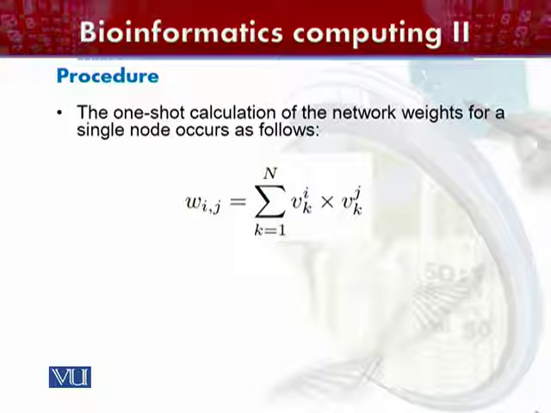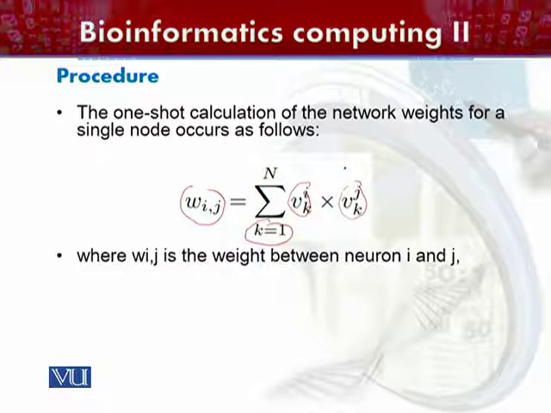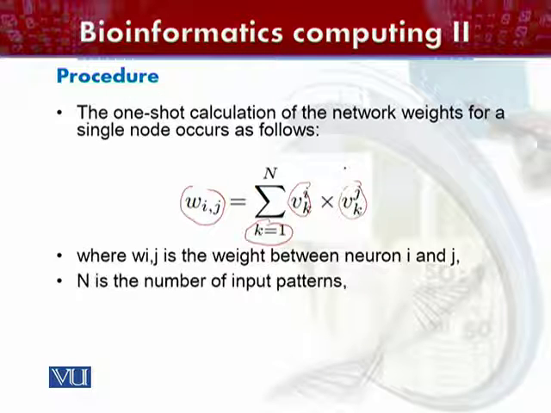The one-shot calculation of the network weights for a single node occurs as shown in the equation: w_ij is equal to the summation over k from 1 to n of v_ik multiplied by v_jk. What do these abbreviations stand for? w_ij is the weight between neuron i and neuron j. n is the number of input patterns.